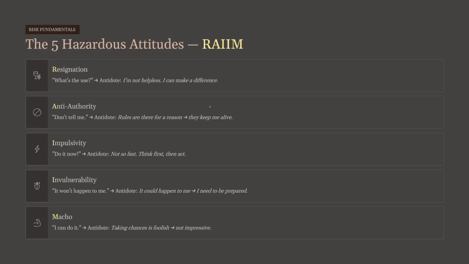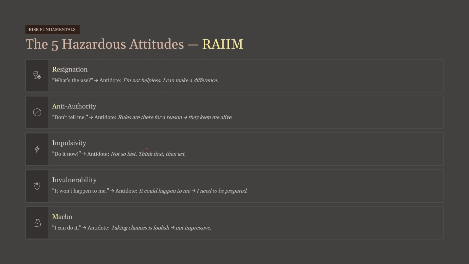For example, not following the rules and ignoring procedures or checklists because they think it's unnecessary. Impulsivity is acting too quickly without thinking. For example, making a sudden decision without fully evaluating the situation.